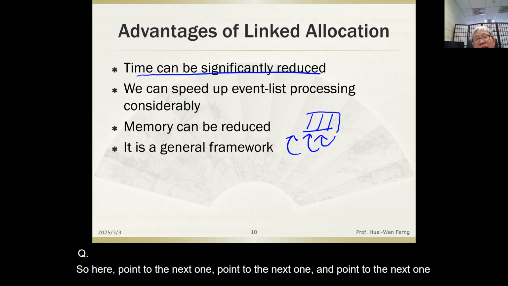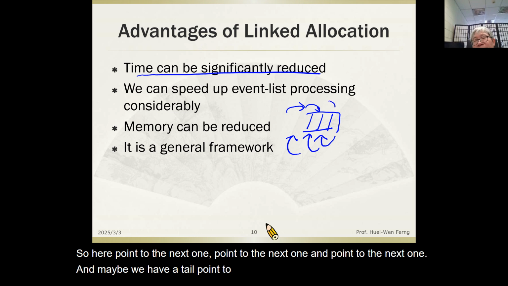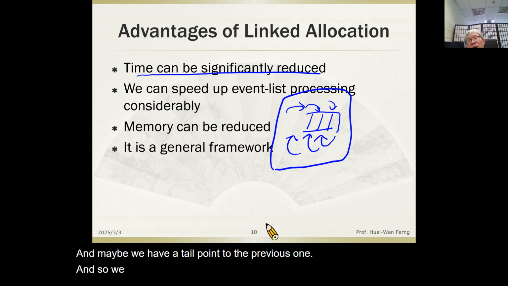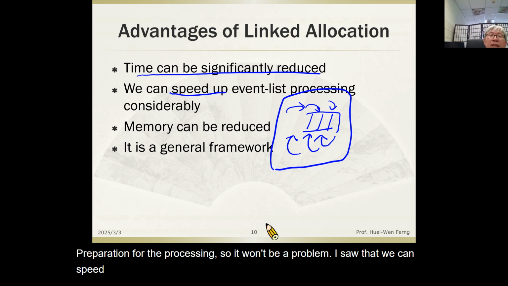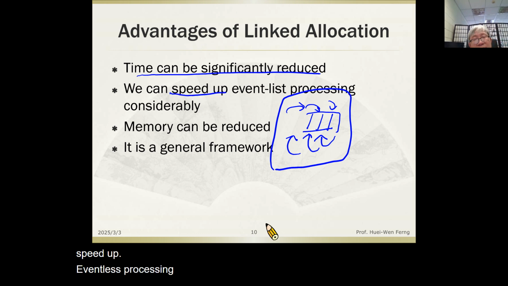And maybe we have a tail pointing to the previous one. So we have the preparation for the processing, so it won't be a problem. And so we can speed up event list processing considerably if we have good preparation for this type of processing.